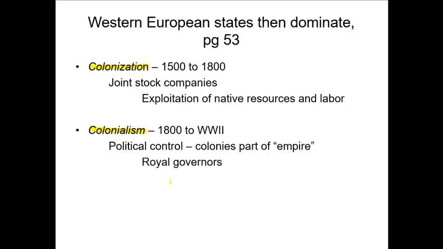And the states would then appoint royal governors to run that colony. And the same thing, of course, would occur to exploit their labor and extract resources as needed to serve the empire. And this colonialism started to fall apart by World War II.